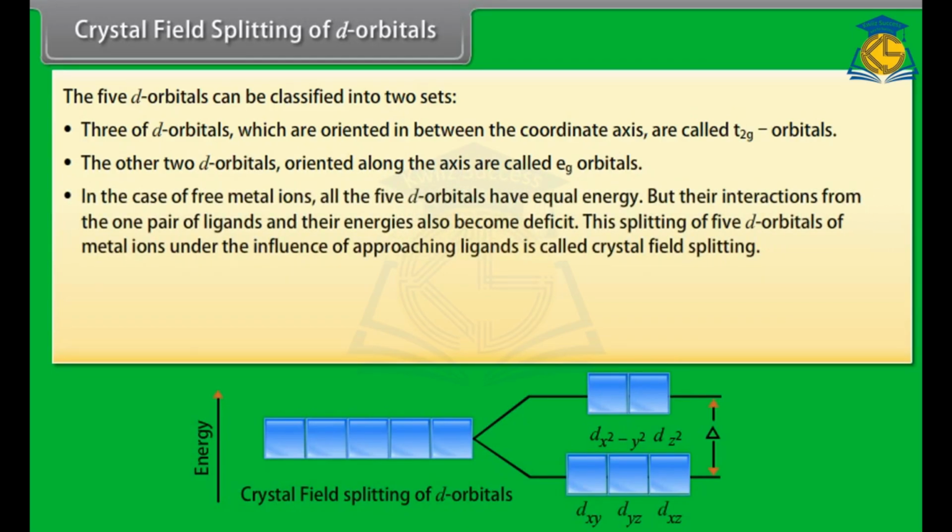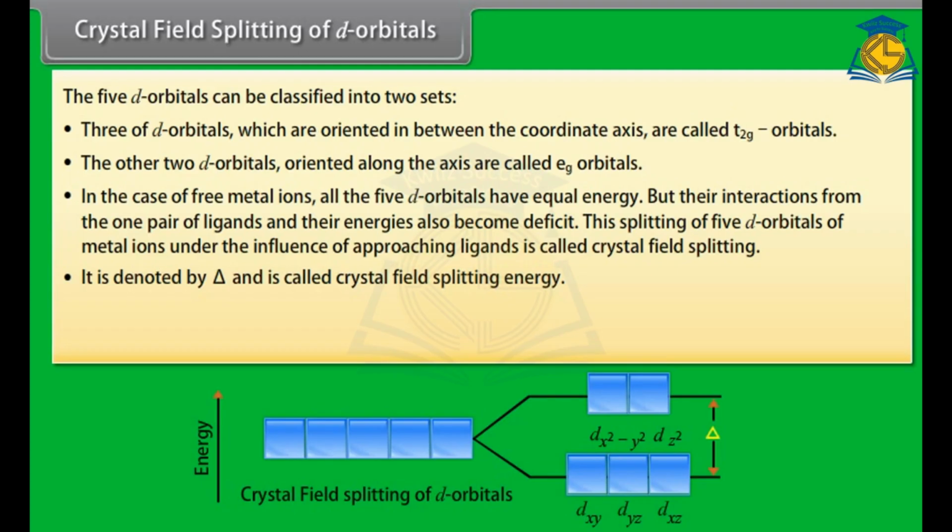In the case of free metal ions, all the 5 d orbitals have equal energy, but on interaction with the approaching ligands their energies become different. This splitting of 5 d orbitals of metal ions under the influence of approaching ligands is called crystal field splitting.